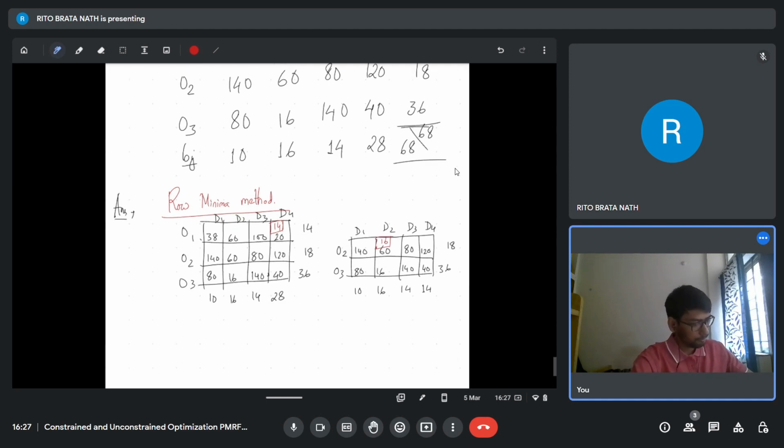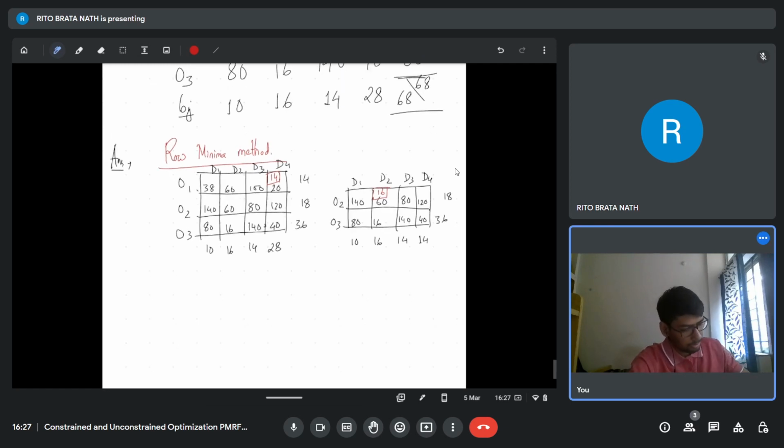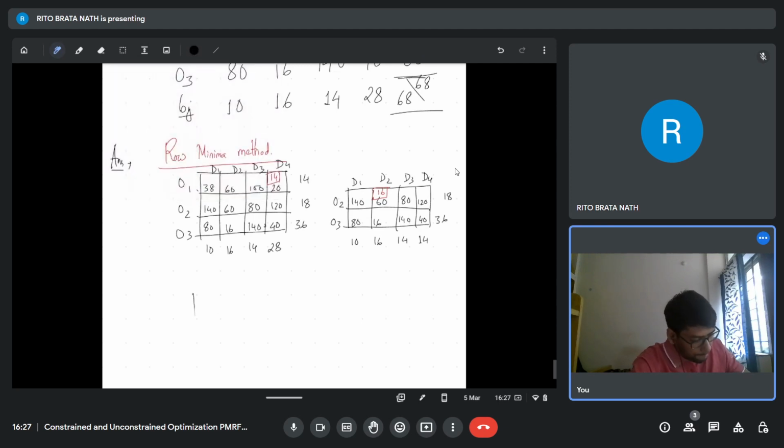Okay, so that's great. In that row again, you can allocate 2 more as well, and you can delete the column because you have already allocated there. So let's move on to the next table, which will have O2, O3, D1.